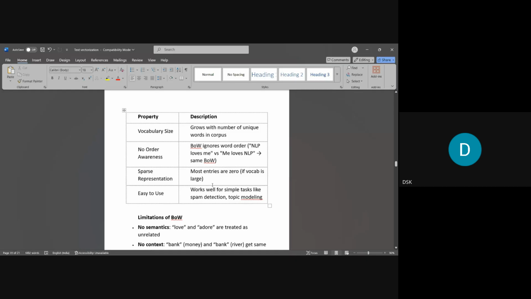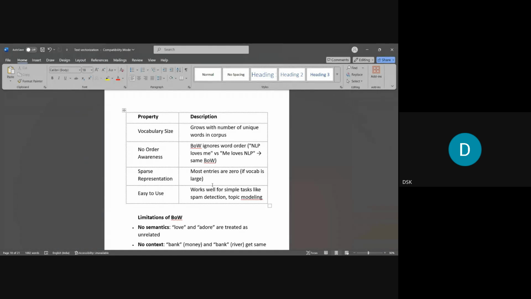The vocabulary size grows with the number of unique words in the corpus, and as you know, there is no order awareness in BOW. It ignores the word order. For example, NLP loves me or me loves NLP is the same for bag of words because it ignores the order.